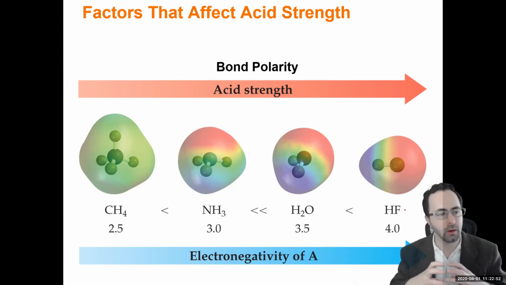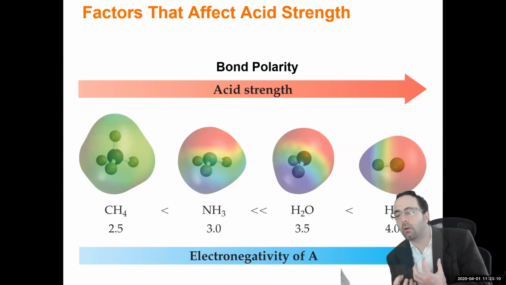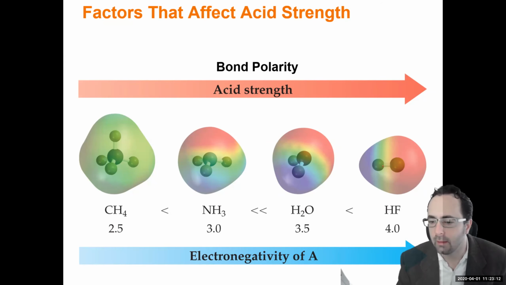For example, fluorine really loves electrons, right? That's one of the most important things you should remember. Fluorine, oxygen, they love electrons more than anyone else. So the fluorine is pulling the electrons so hard its way that it weakens this bond here. And so the result is that the H plus can pop off more easily.